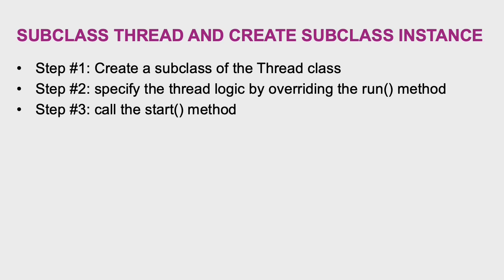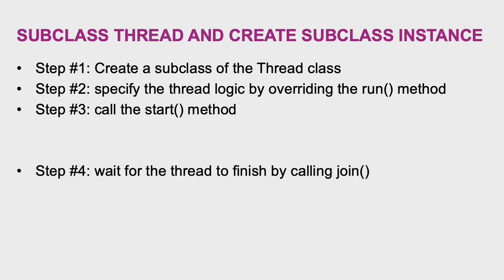And then, as usual, we have to run the thread by calling the start method. It's not different from what we are used to do. And of course, we always have to wait for the thread to finish its work by calling join on the main.